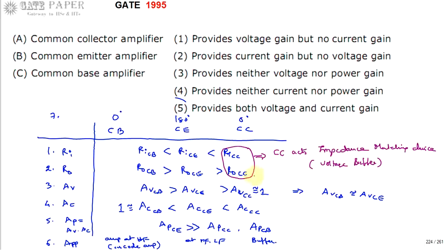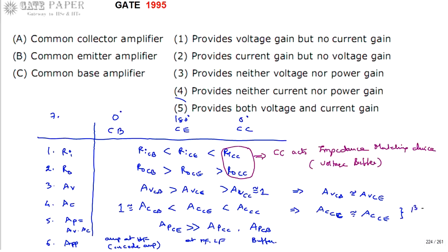In case of current gain also, the current gain of common emitter is approximately equal to the common collector current gain.